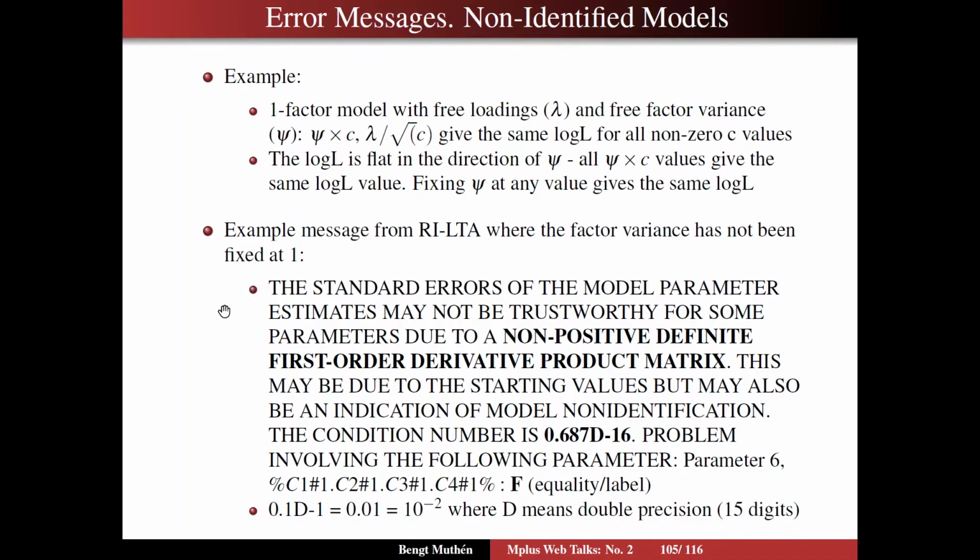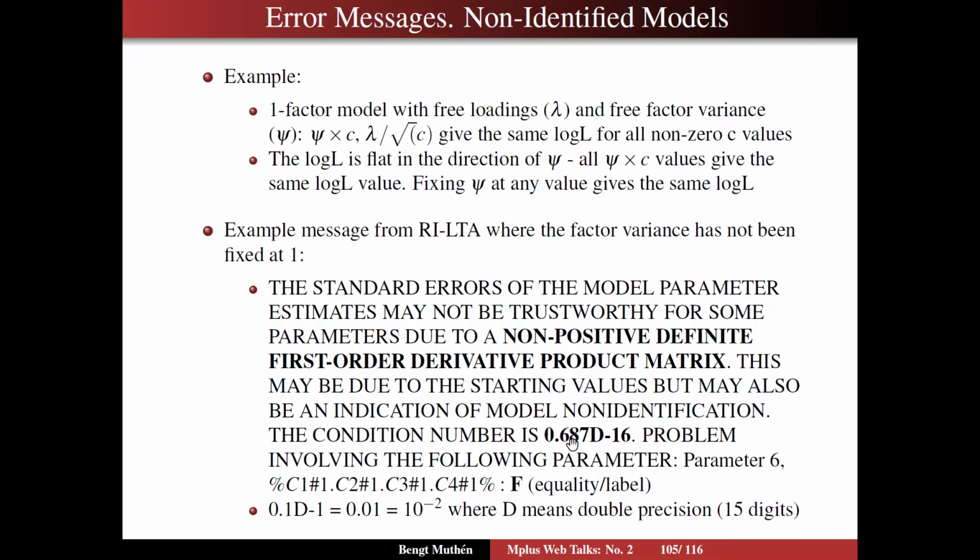This may be due to the starting values, but probably an indication of model non-identification, and the condition number comes into play here now. It's 0.687 d minus 16. And then you point to which parameter it is. Parameter 6 is the factor variance, correctly pointed out.